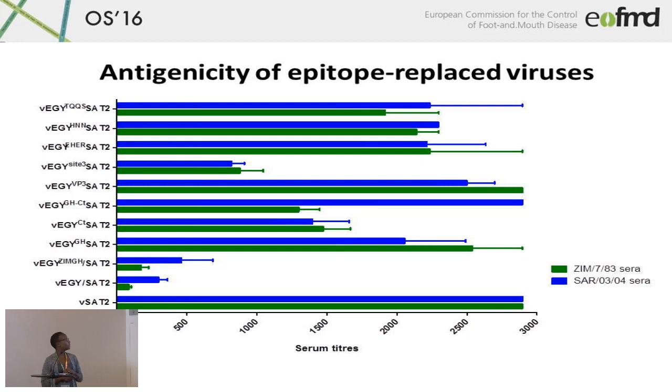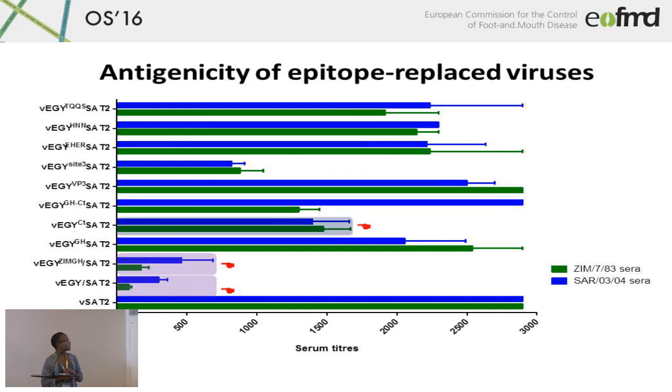But then with the chimera viruses, we found that there was poor cross-reactivity towards both sera, and even when we replaced the GH loop back to that of ZIM7N3, there was not much difference in reactivity.